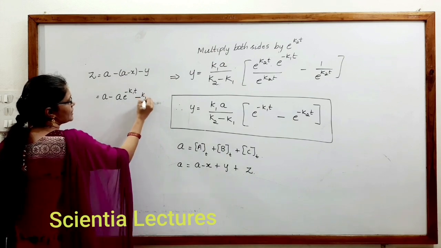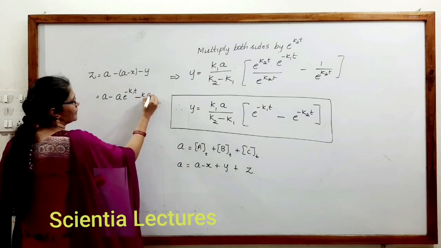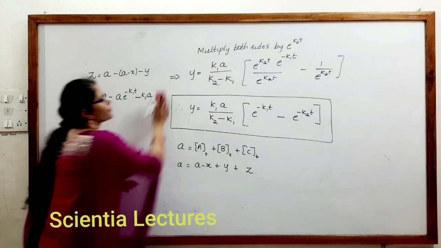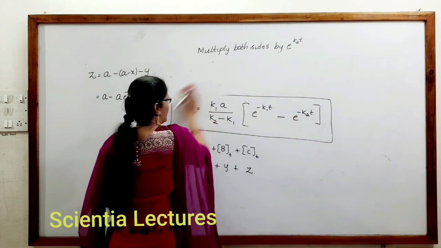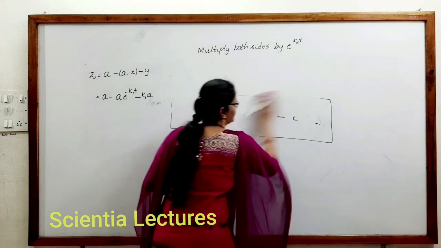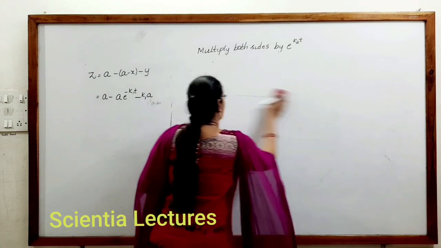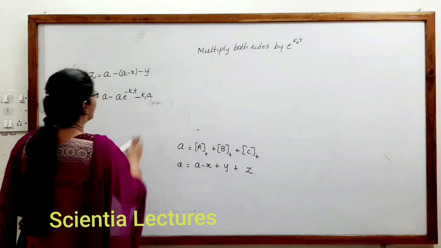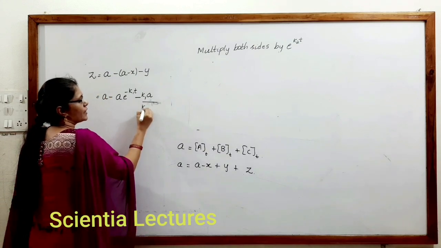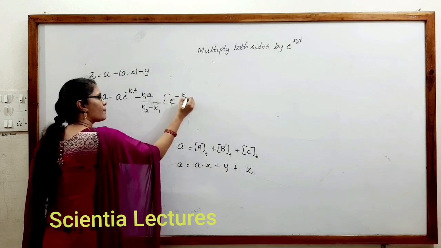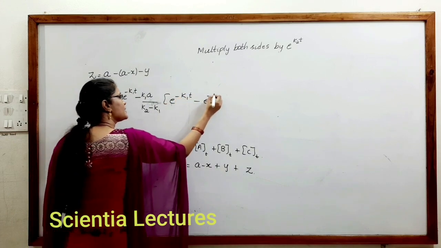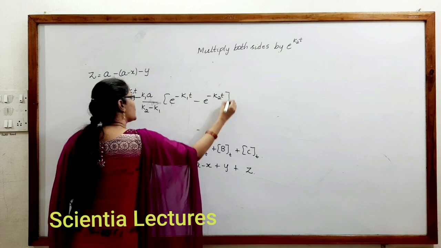You can substitute it as k1a by k2 minus k1 into e power minus k1t minus e power minus k2t.